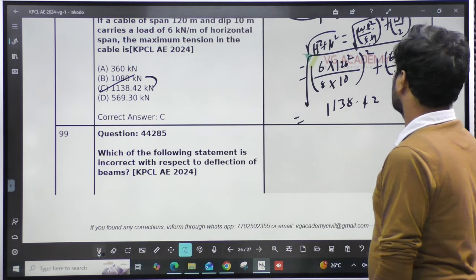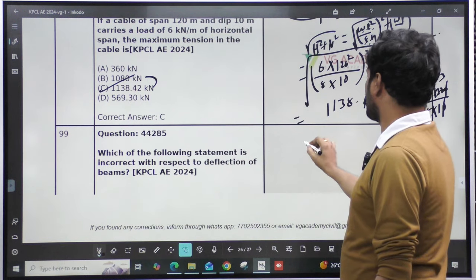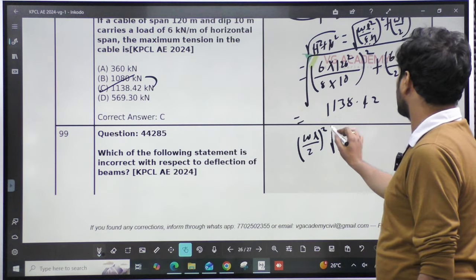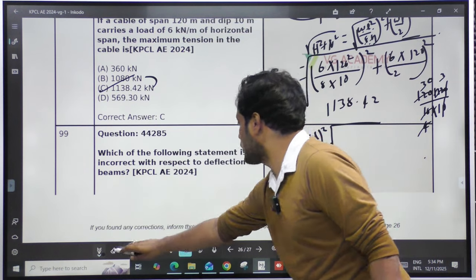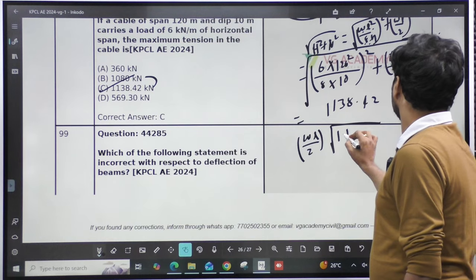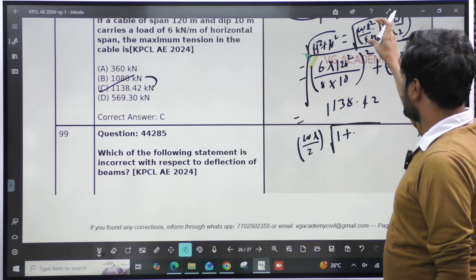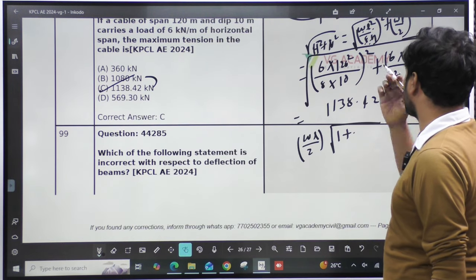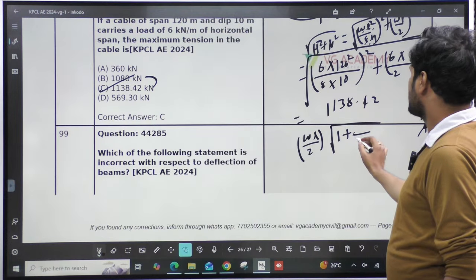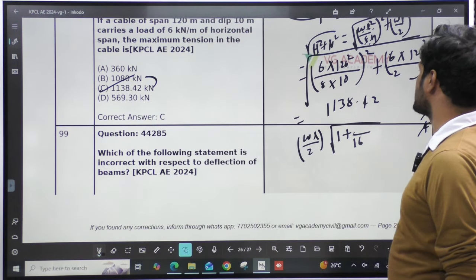Or you can take WL by 2 whole square outside. If you take the whole square outside, it will become WL by 2 into square root of 1 plus, WL square by 4 you have taken out. 8 square is 64, in this 4 went, so you will have 16. 16 4s are 64.